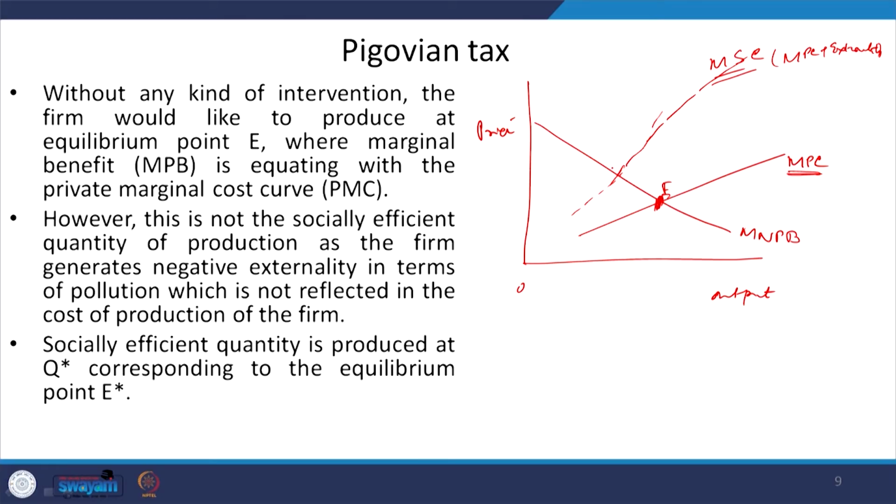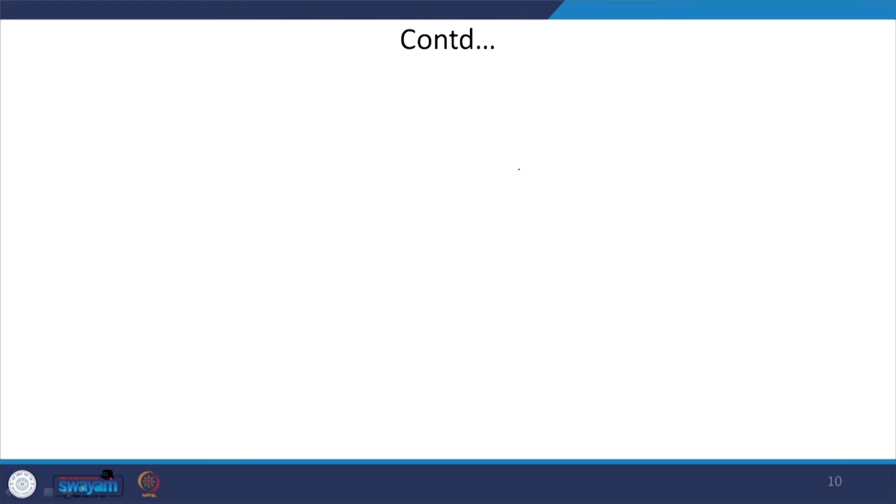So, when this marginal social cost is intersecting the marginal net private benefit, we are getting this equilibrium, that is E star, right. Now, corresponding to this equilibrium, this Q star is the socially efficient quantity that is produced, and the socially efficient market price is P star, right.